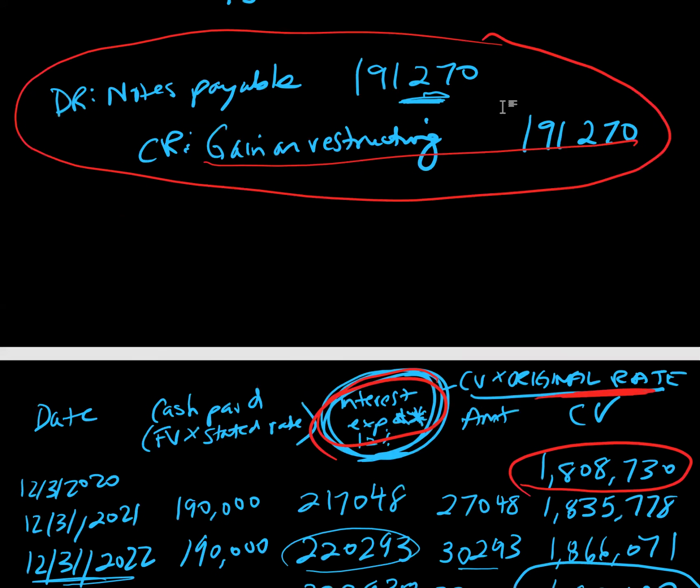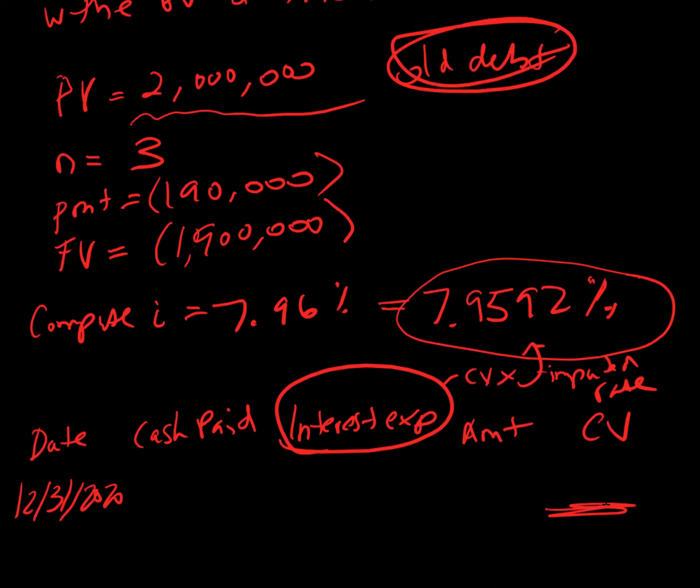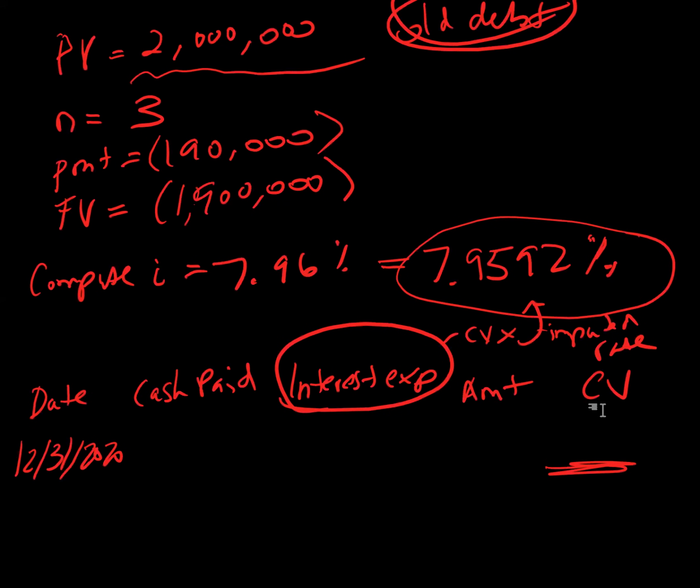Without this gain, what would our carrying value have been? Our carrying value would have been 2 million. In ASPE, we haven't recognized a gain. So our carrying value is going to be 2 million. So we're starting off with a carrying value of 2 million.